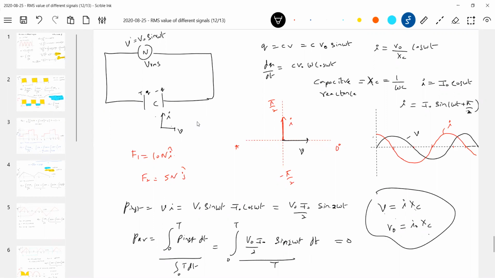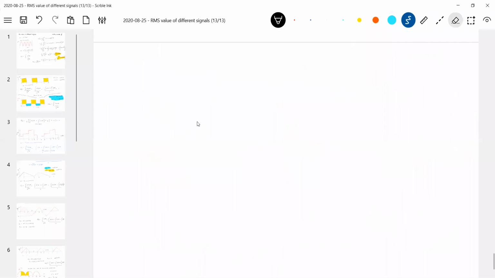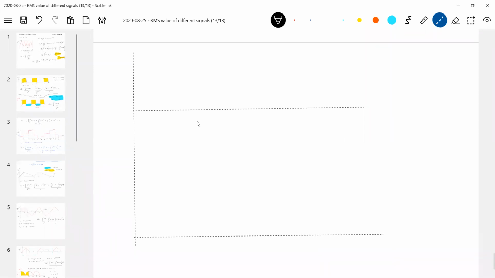Okay, let's see what happened to the power variation, like what we plotted earlier. These are very small basics which we are going to carry out throughout these AC circuits.